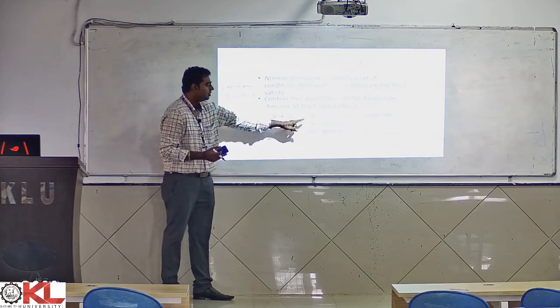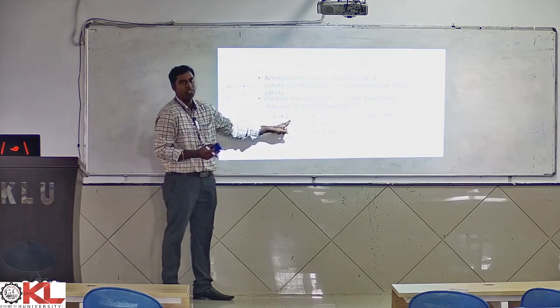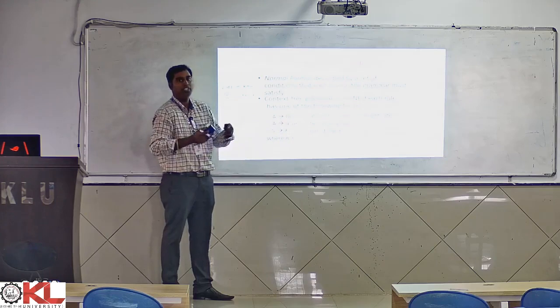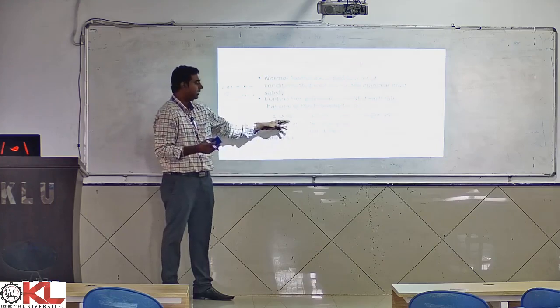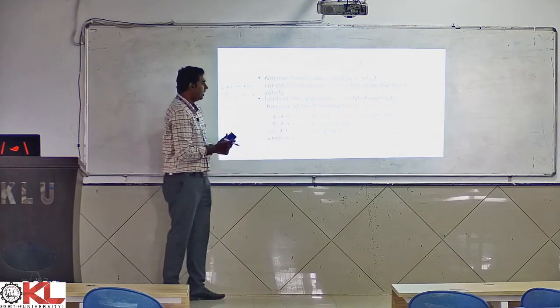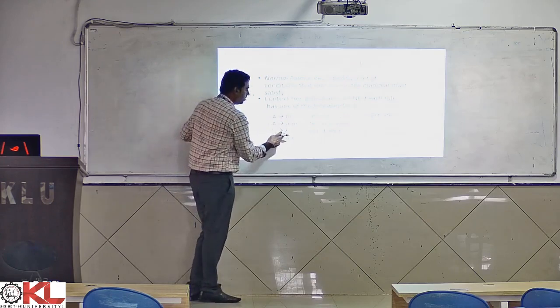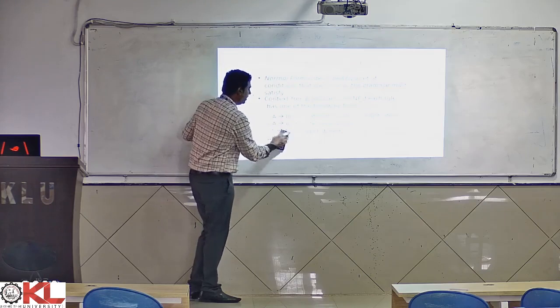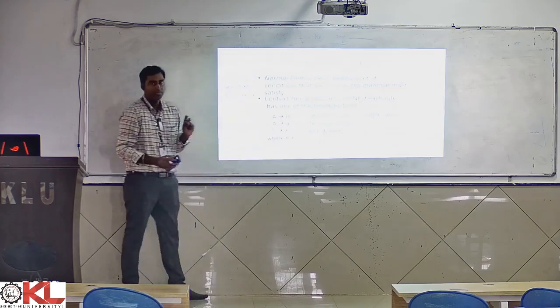Capital letters are used to mention non-terminal words. That means we can further derive that particular non-terminal, or it belongs to the null string. So this is the major condition in Chomsky normal form.